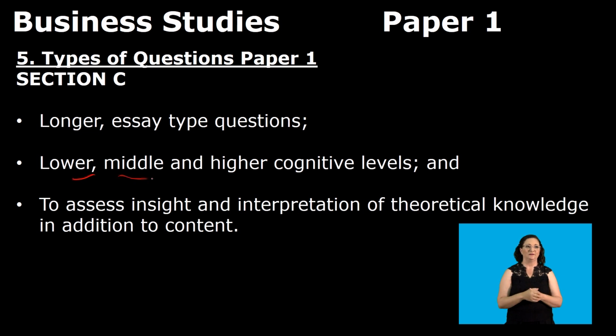There's lower, middle, and higher cognitive levels. And here we are assessing what? Insight. We want to see if you understand and you're able to interpret what? The theoretical knowledge in addition to the content. So here you actually have 4 bullets or 4 questions that you have to answer.